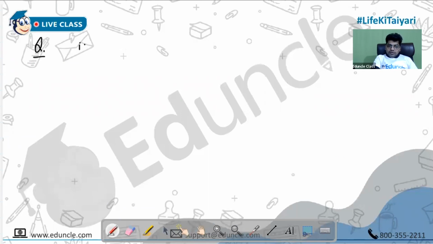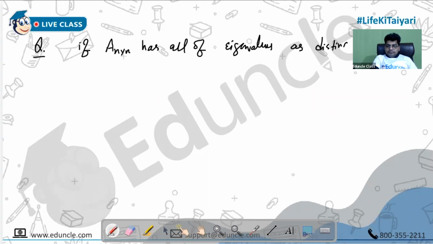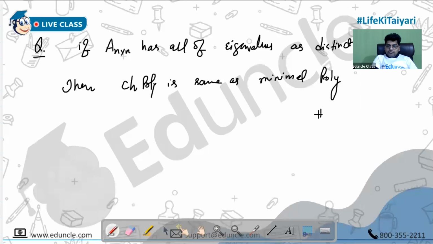Question: if an n cross n matrix has all eigenvalues distinct, then the characteristic polynomial is the same as the minimal polynomial. Is this true or false?